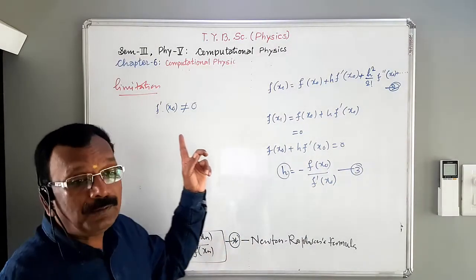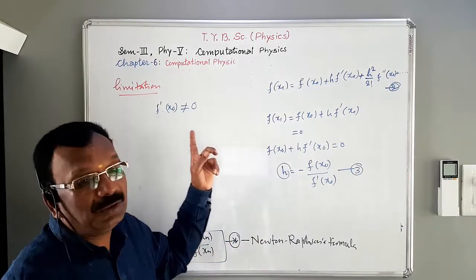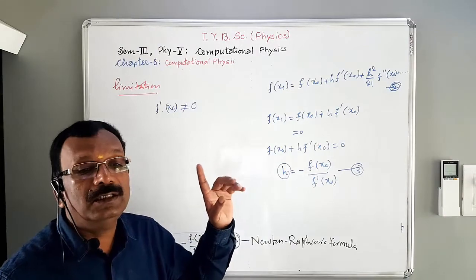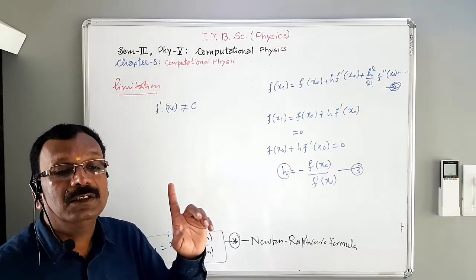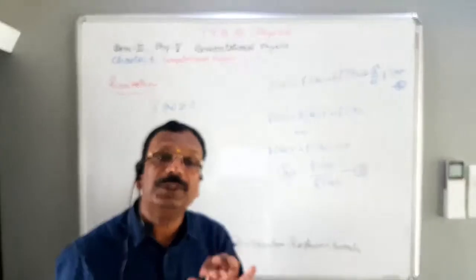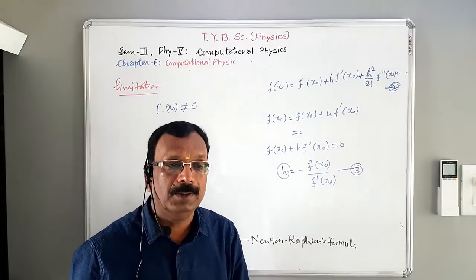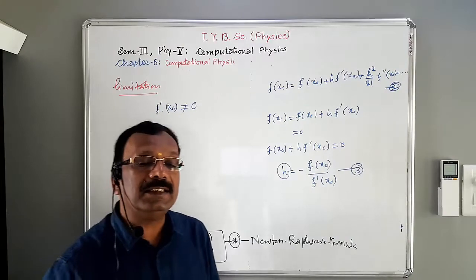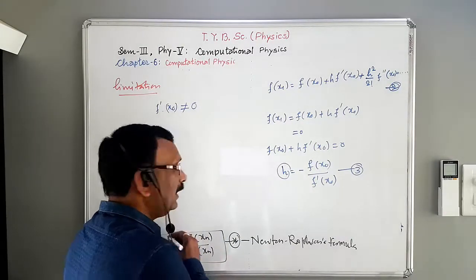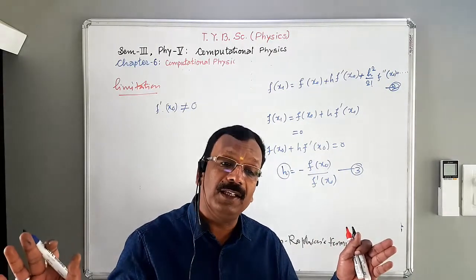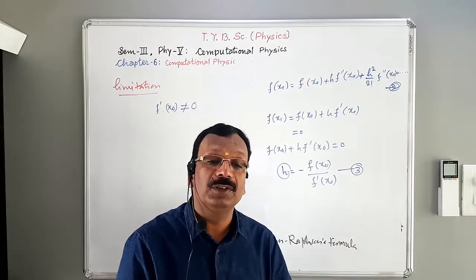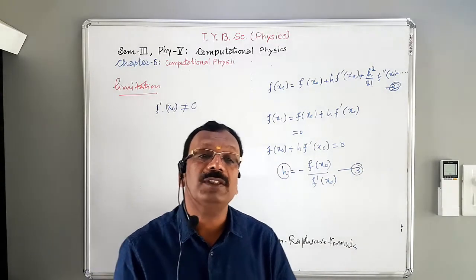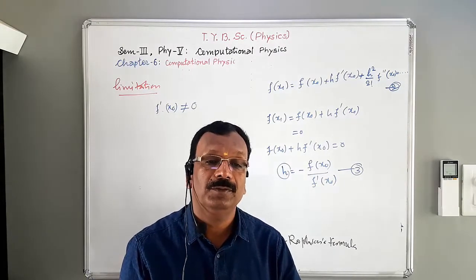If f prime of x0, that is the first order derivative of the given function, is 0, then change the initial approximation value quickly. Now, the second limitation is that if the initial guess is too far away from the required root, then the process may converge to another root.